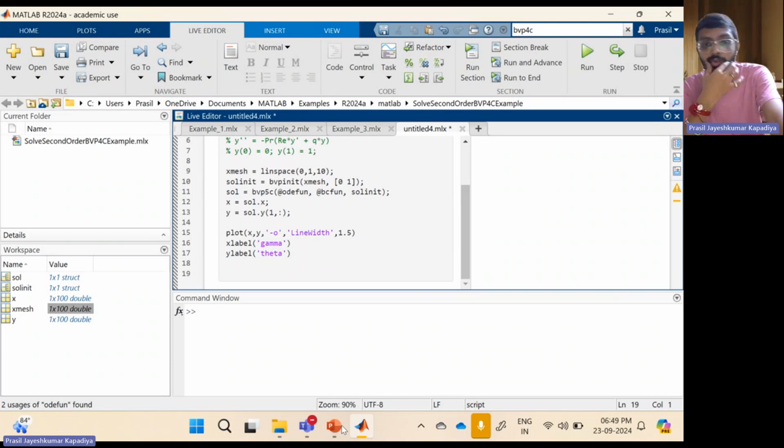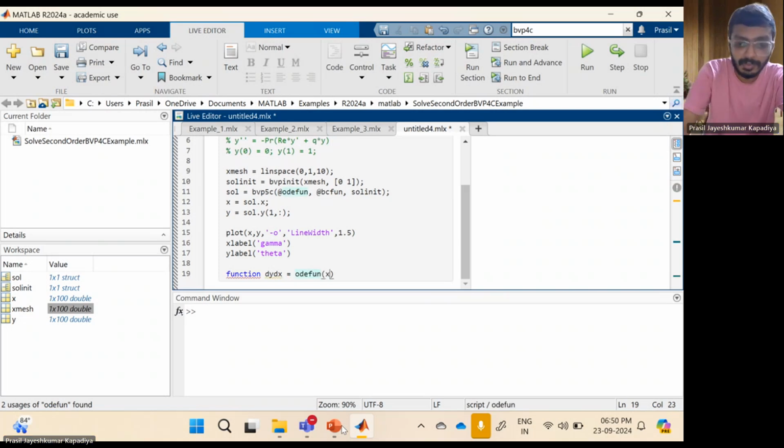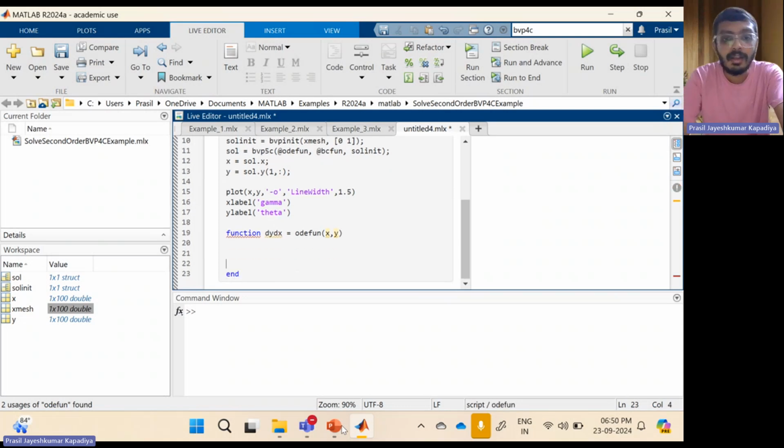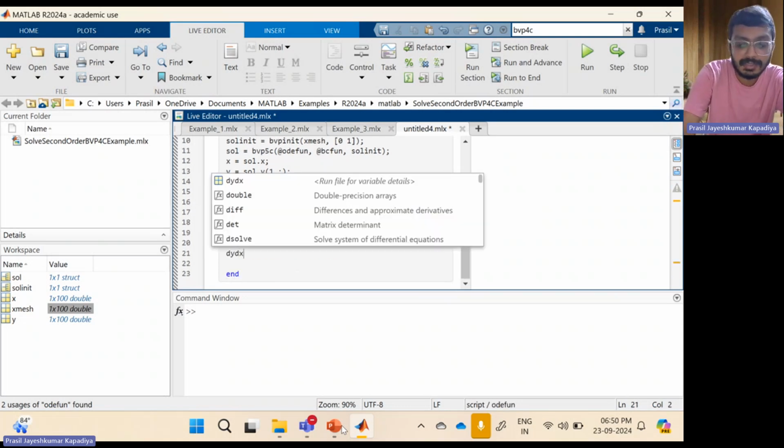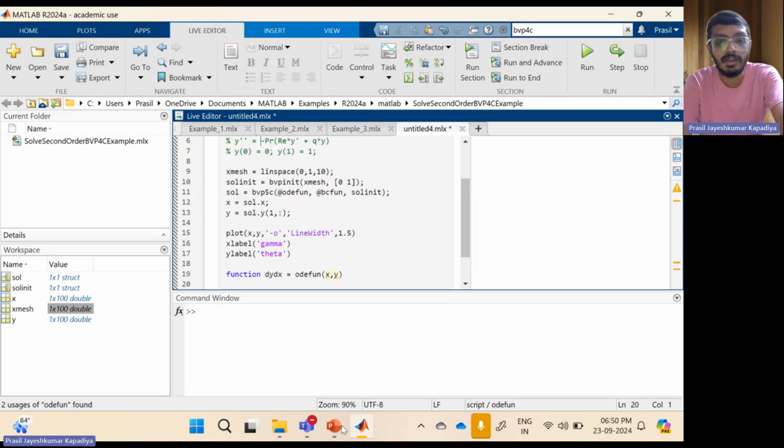Okay, so we now need to write down the function. So my function is function dydx is equal to ODE function, odefun of x comma y. So this is my ordinary differential equations function. My equation is dy dx is equal to, my first equation is nothing but just y of 2.